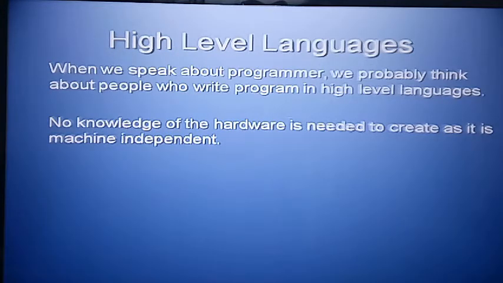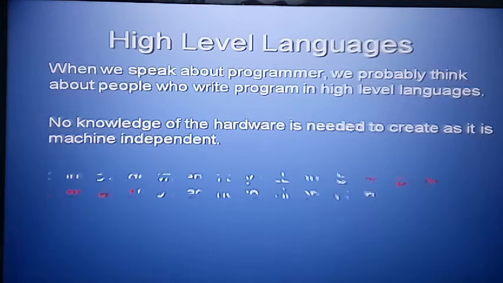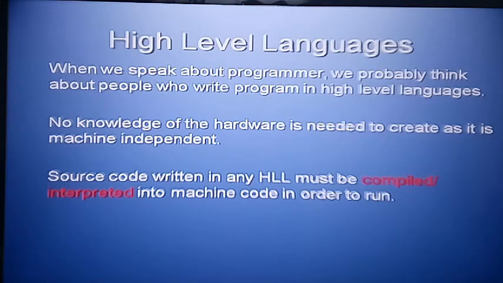And no knowledge of the hardware is needed to create it, as it is machine independent. So we can say that there is no requirement of the hardware in a high level language, right? After that, source code written in a high level language must be compiled and interpreted into the machine code in order to run.